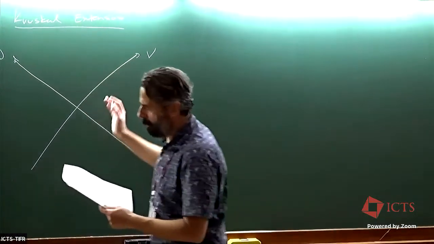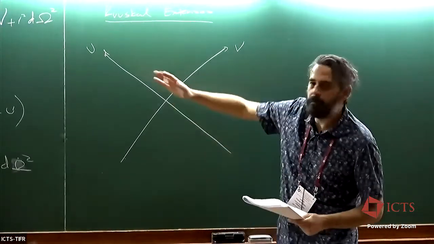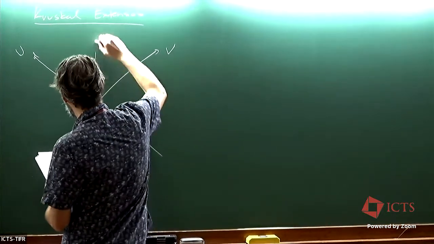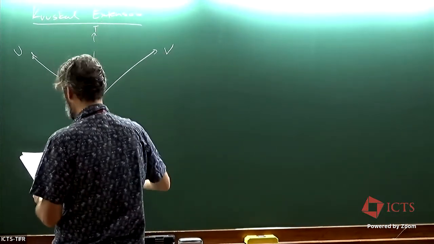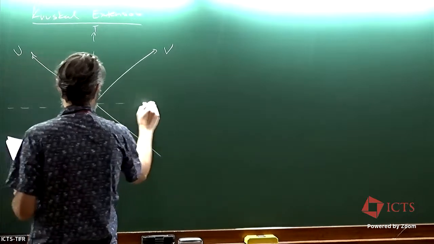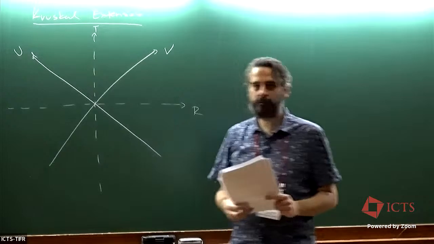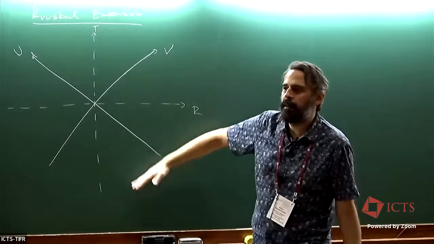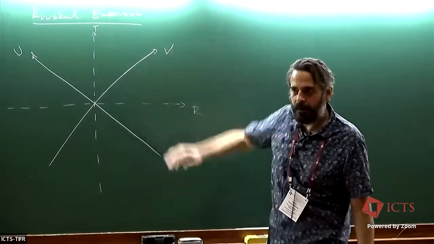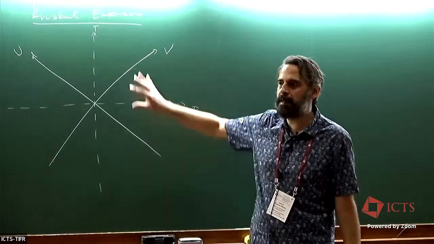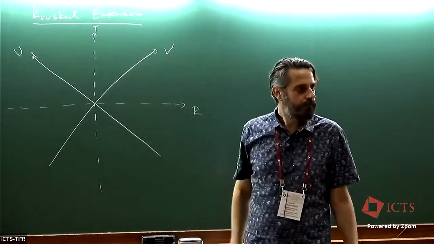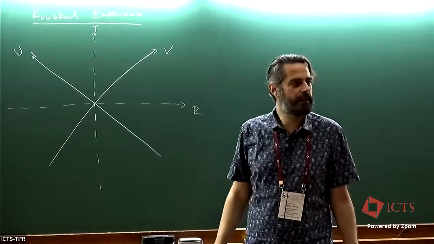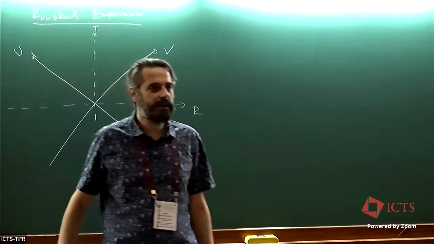So these are U and V, and I've drawn them at 45-degree angles, so that this is my T and my R. So I can understand this diagram as some notion of time running upwards, right? And a spatial direction here. Obviously, I'm suppressing the angular coordinates here, which is reasonable given that I have spherical symmetry. So the rest of the space-time is just simple.